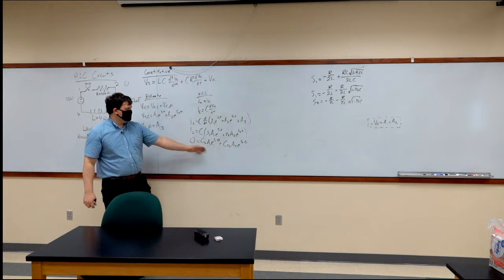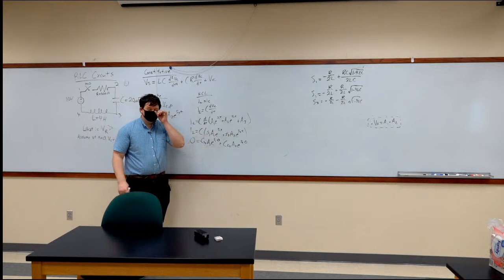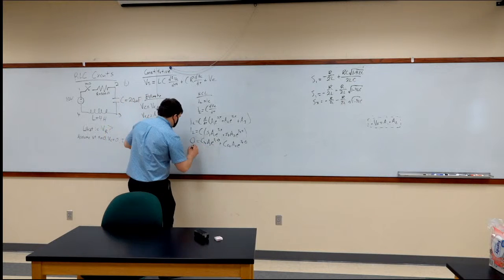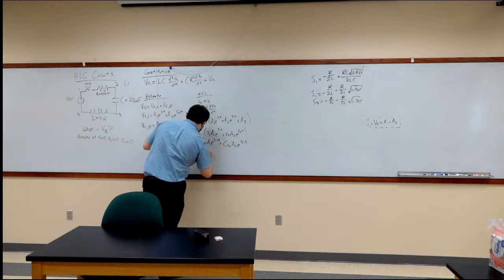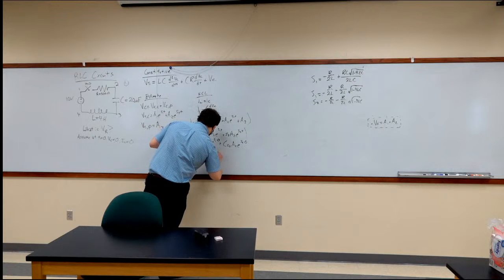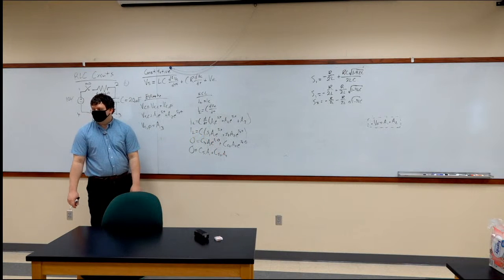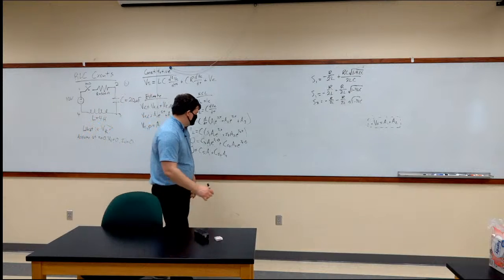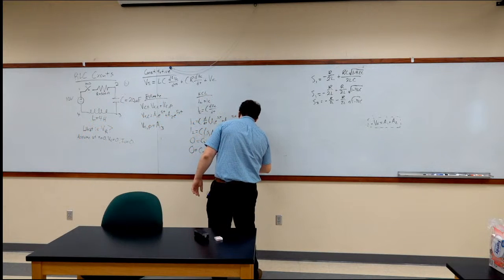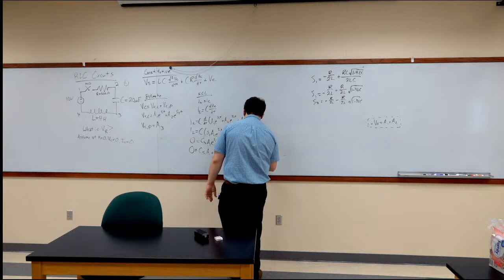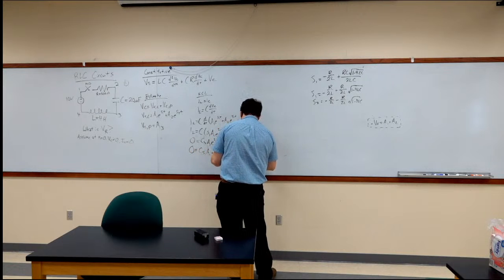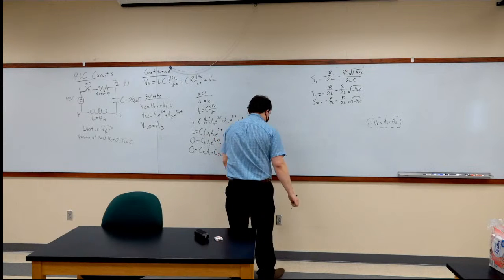As we've already pointed out, e to the 0 is equal to 1, which means this simplifies down to 0 is equal to C S1 A1 plus C S2 A2. You can divide out C, and what you end up with is A1 is equal to negative S2 over S1 A2.